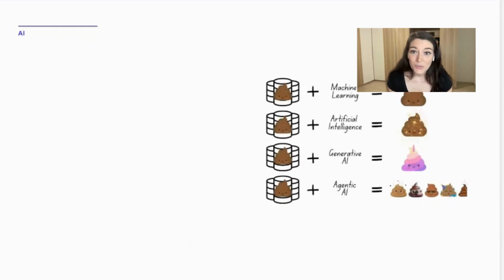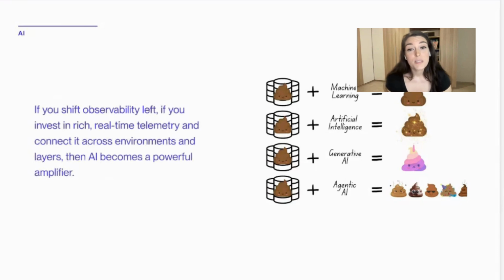And it applies here too. If your systems are a black box, if your telemetry is sparse, sampled, or missing context, then adding AI won't help. It'll just give you faster guesses with poor inputs. But if you shift observability left, if you invest in rich real-time telemetry and connect it across environments and layers, then AI becomes a powerful amplifier.